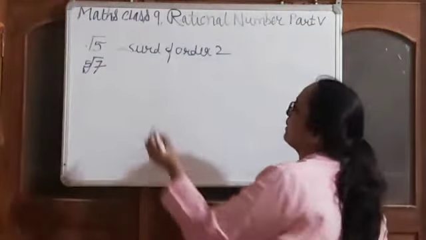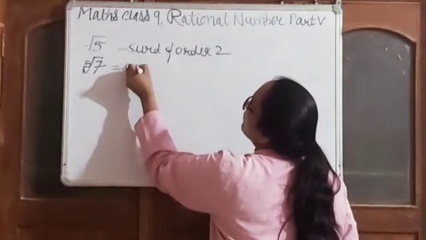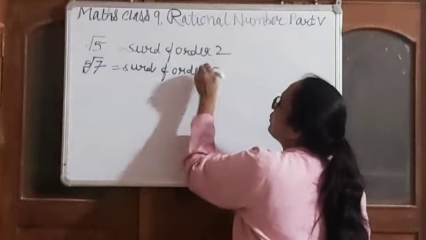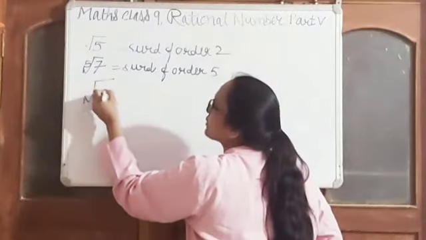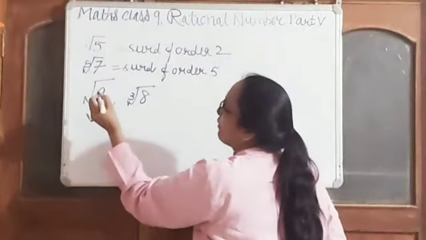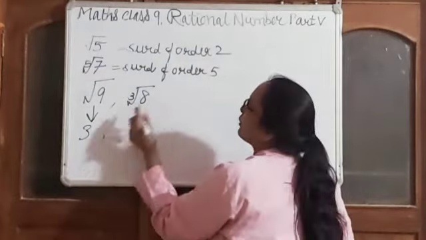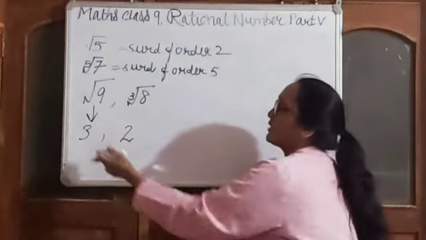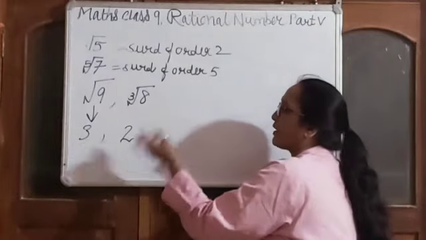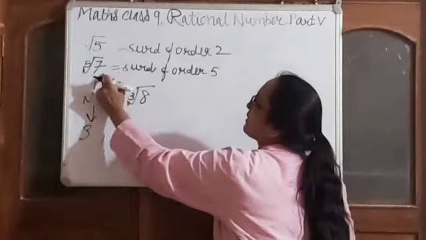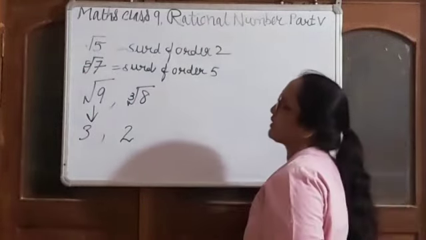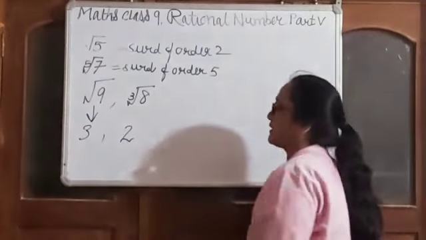This is also a surd, of order 5. Students, is this a surd, or is this a surd? No, because the value of root 9 is 3 and the value of the cube root of 8 is 2. So these are rational numbers, not irrational numbers, so they are not surds. But these are irrational numbers, so they are surds. These are the differences between this example and this example.